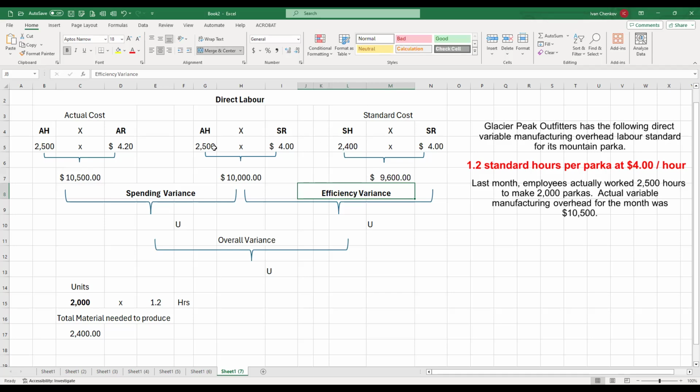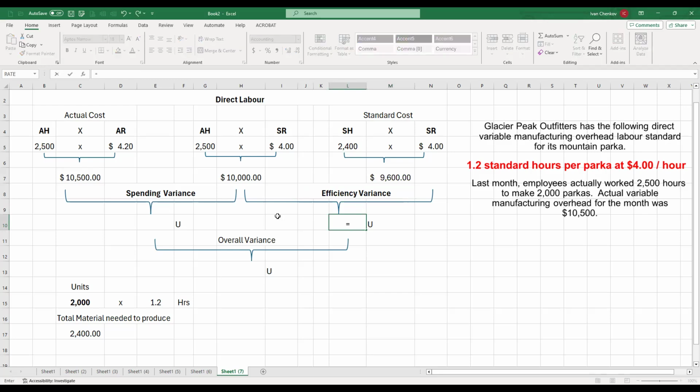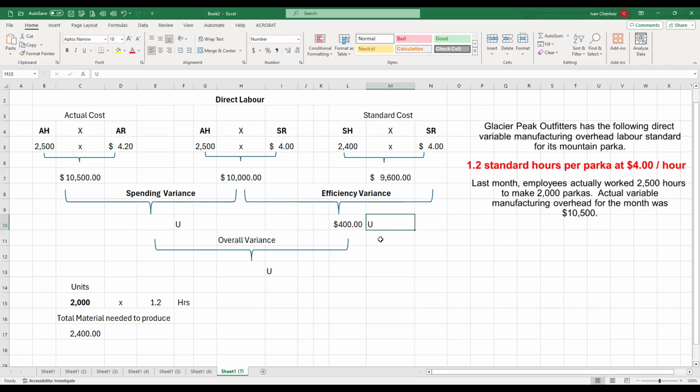But because we're using 100 hours more, our efficiency variance is $400 unfavorable. Make sense? 100 hours times $4, $400 unfavorable.